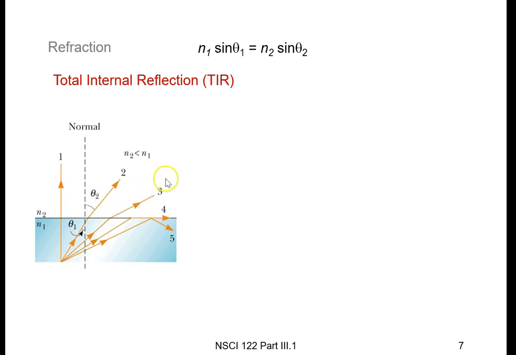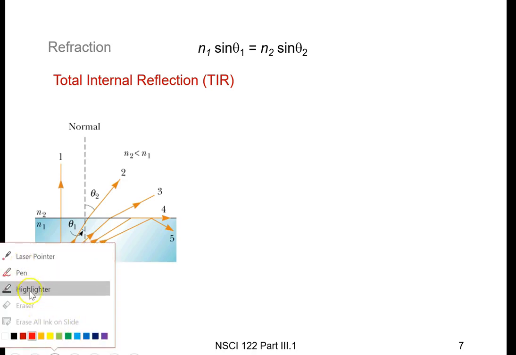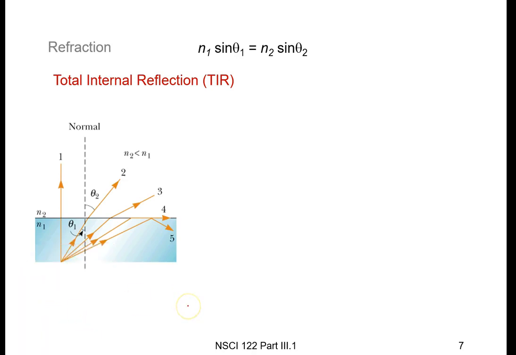Now, if you increase the angle of incidence, and that's shown in ray 3, the light gets bent with an even larger angle away from the surface normal. In fact, let me see if I can do this. I may not be able to because my PowerPoint skills are somewhat lacking. But I think, yeah, let me see. Let me draw the surface normal.